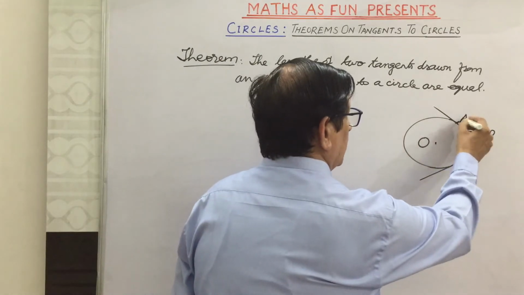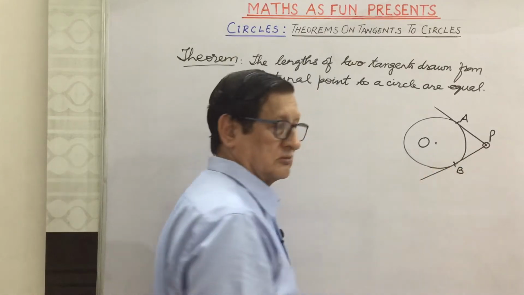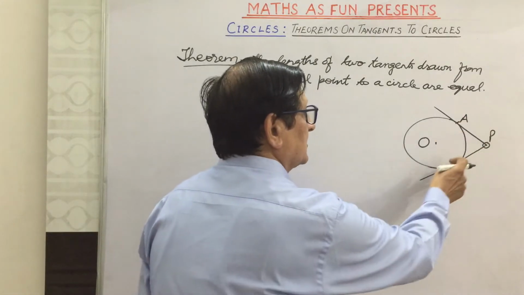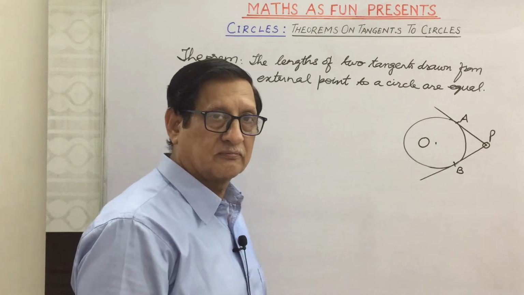PA and PB are these two tangents. We have to show that both the tangents are equal in length.